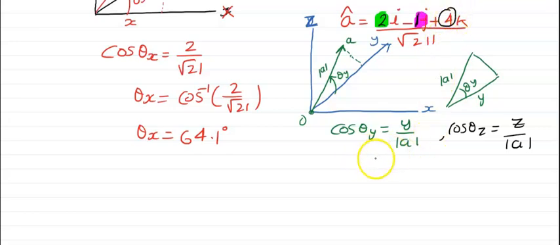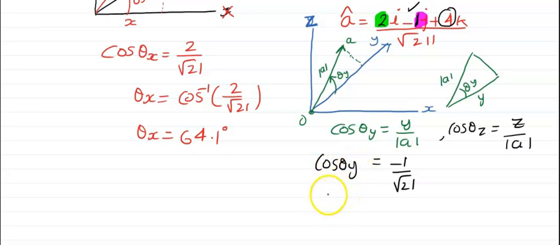So cos theta y will be minus 1 over modulus of A. Modulus of A is root 21, so that is cos theta y.